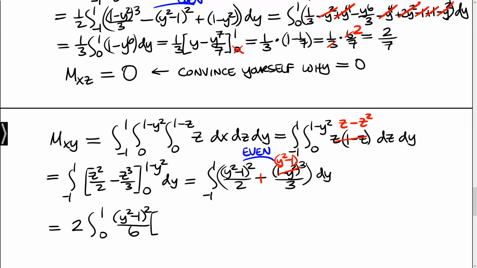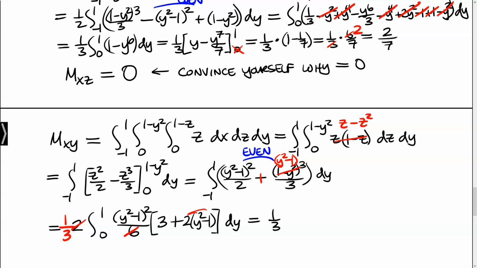So what's left over? Well, I've got 3 plus, so the 6 will come out as 1/3 out here. And the point now is that I can distribute across here, which makes it a little bit easier maybe to simplify.